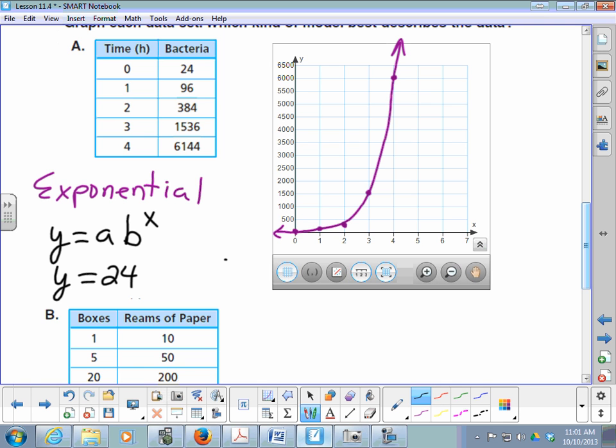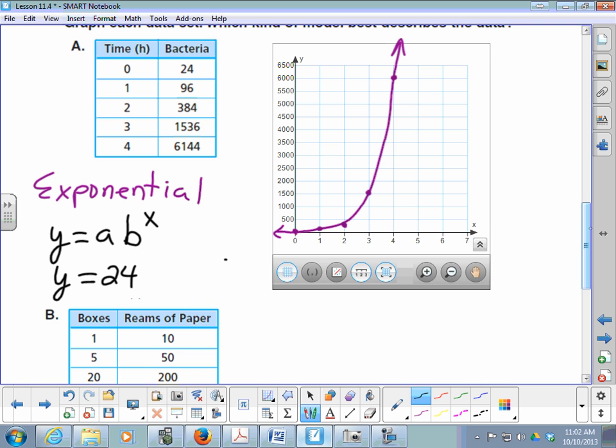Can we find the value of b then? All right, how do I find the value of b? Does anybody know how?